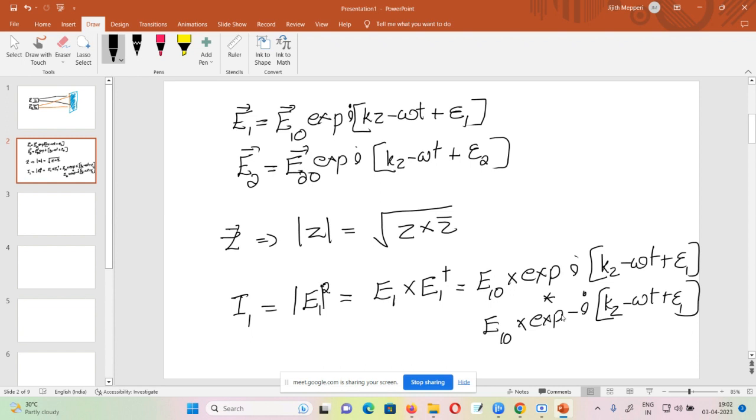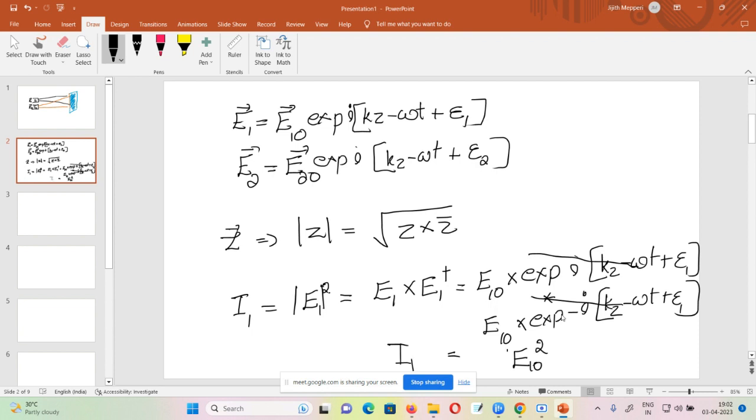Got it? What will be the product? This is exponential i into (kz minus omega t plus epsilon 1), and this is exponential minus i into (kz minus omega t plus epsilon 1). So these two terms will cancel and you will get E10 square.